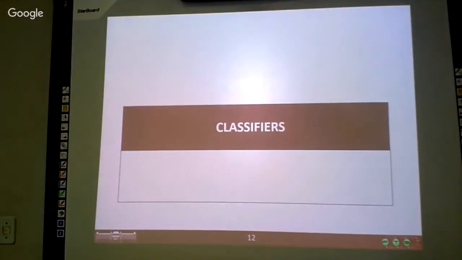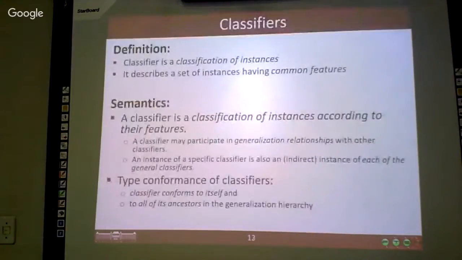It is important to understand how a class diagram works and why it works this way. So a classifier serves for the classification of instances, any kind of instances. So it describes a set of instances that have the same features.